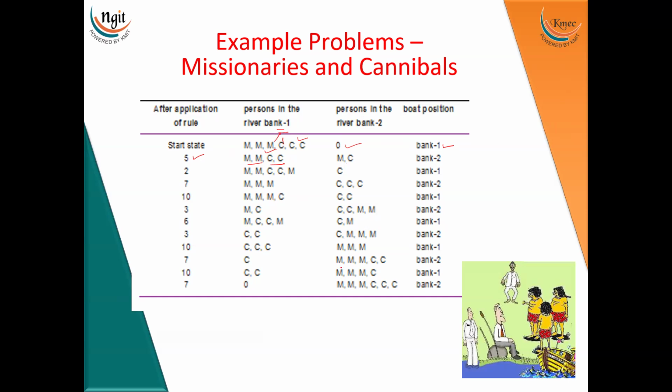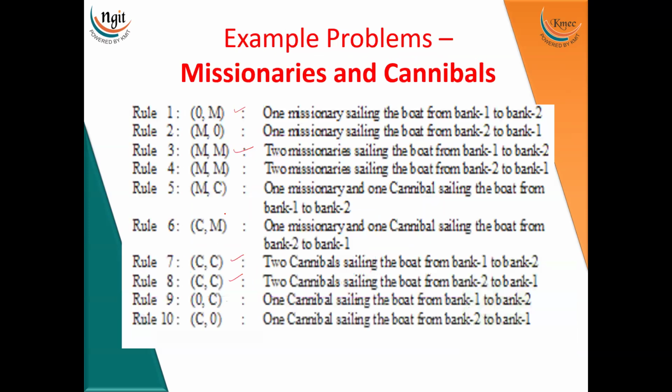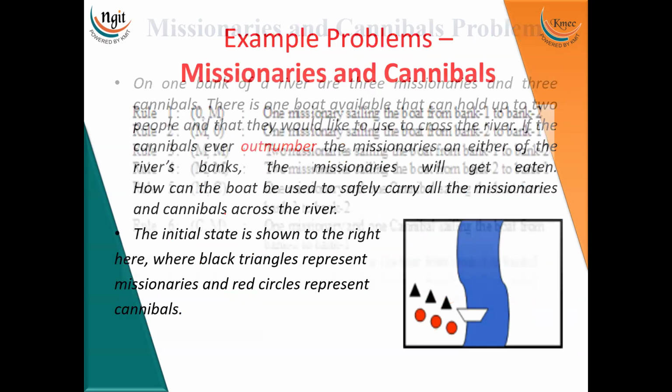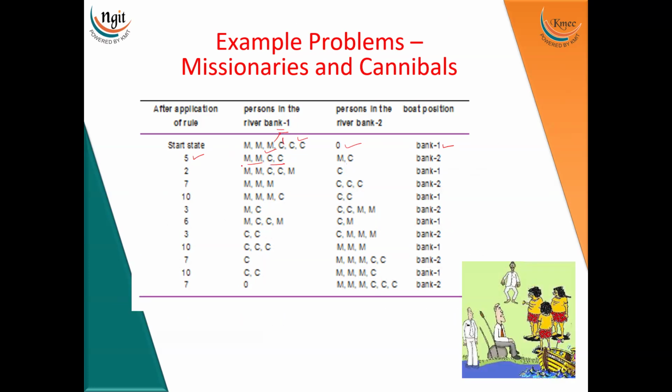Likewise, if you follow all these steps, all these rules, under the condition given that cannibals should never outnumber the missionaries, just see what rules we have followed, and at last from the start state we have reached the goal state, with the boat position at bank 2.